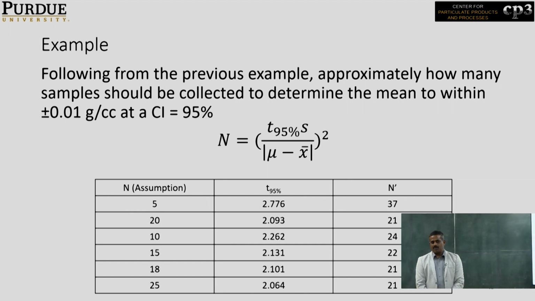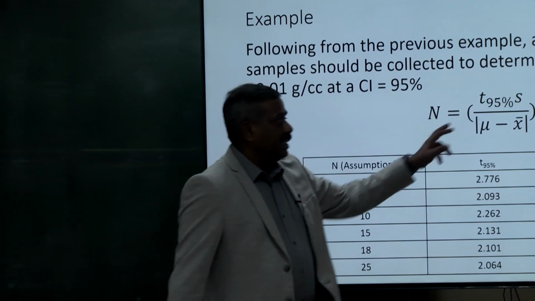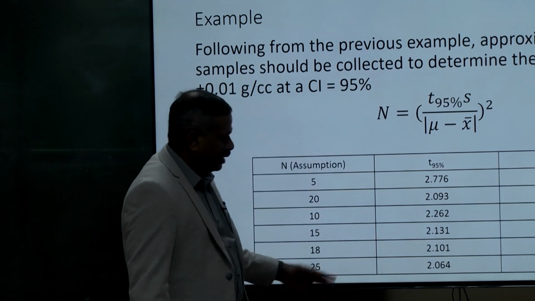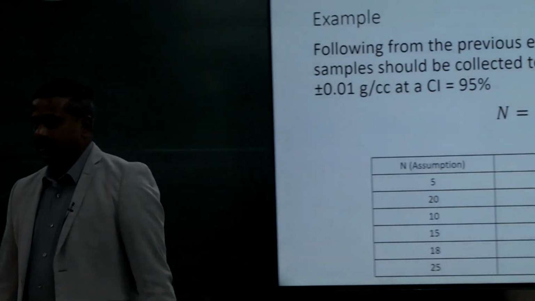So you start somewhere, with some assumed n value. You need the n value to get the t value, right. So you start somewhere and then you keep on increasing, or decreasing, and at one point this n prime wouldn't change.